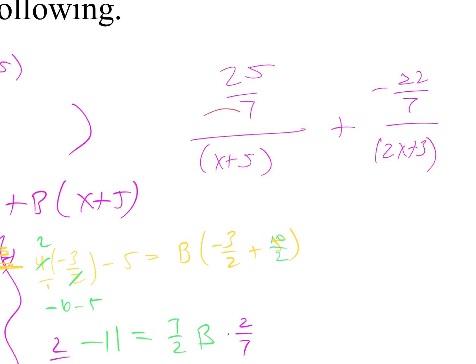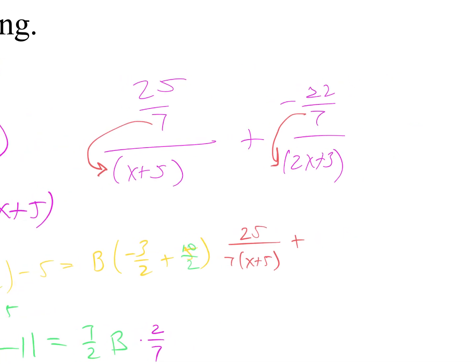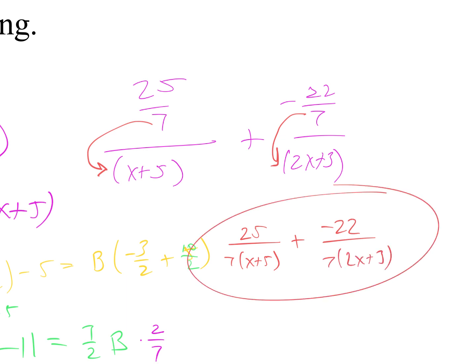What do I need to do with these 7s? I've got to put them down in the denominator. So this would be 25 over 7 times x plus 5, plus, or you could say minus if you want to, but make sure you have the negative 22 over 7 times 2x plus 3. Don't ever leave it as a fraction on top of a fraction. No. You can if you want to, but you don't have to. You can leave it just like that.